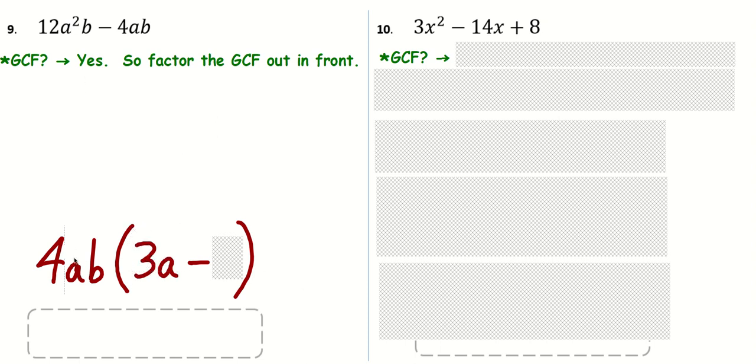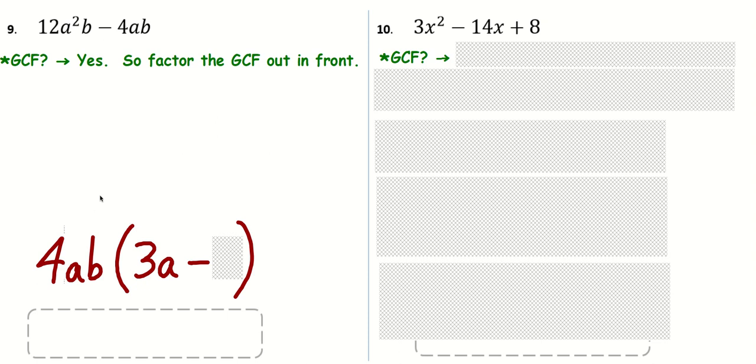We divided one factor of a out, but there is a factor of a left. Again, remember, it's 4ab times what would make the 12a squared b? Well, 3a. And since we divided the b out, there's no b left to be here.